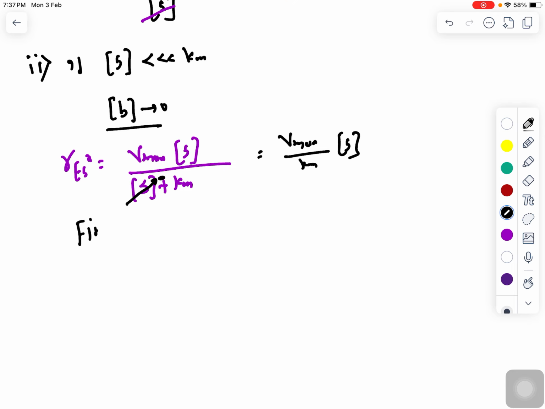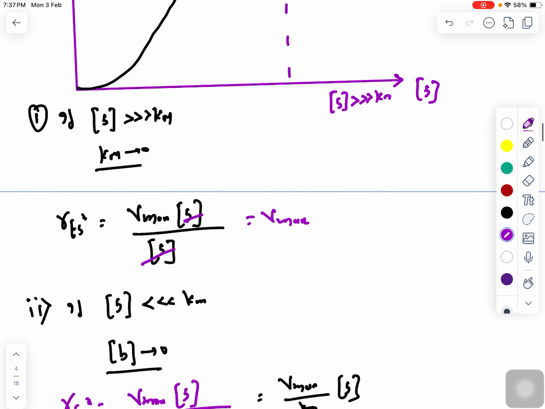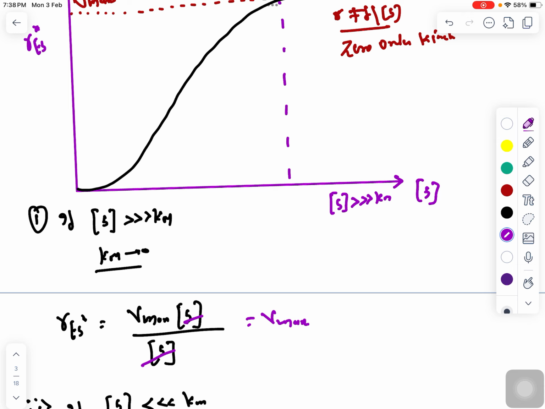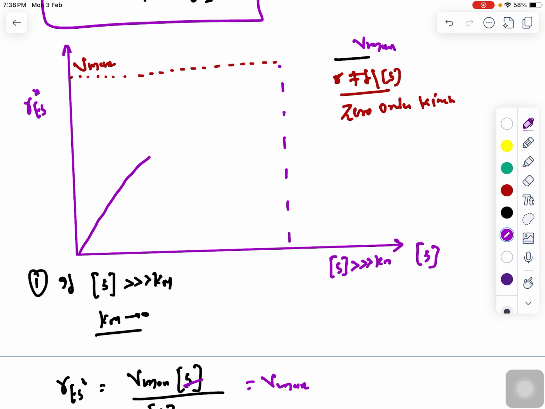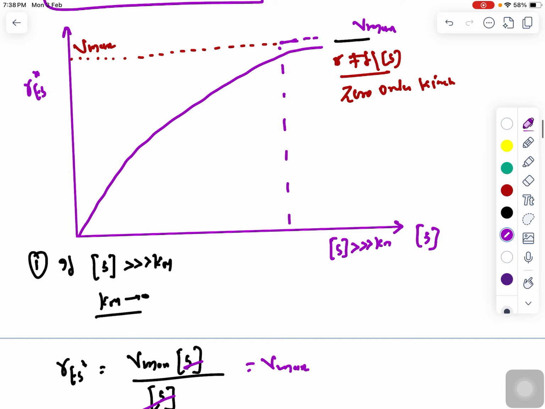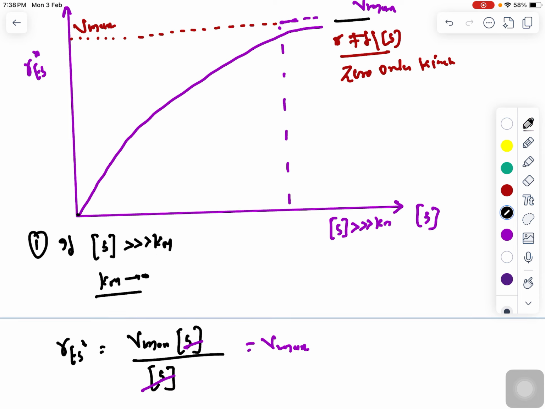So here you will see that it will follow first order kinetics, something like that.